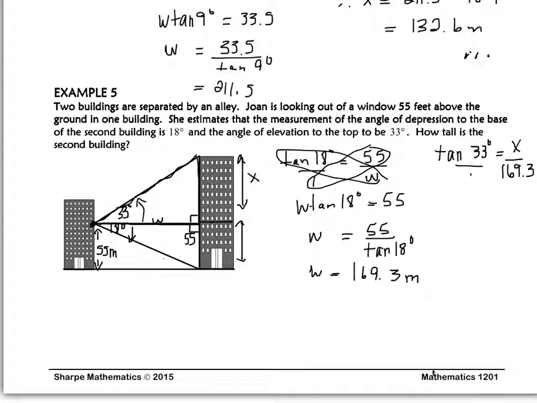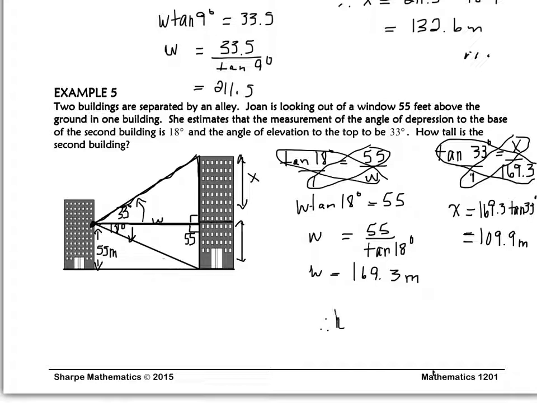So then I cross multiply. And I get x equals 169.3 times the tan of 33. I'm going to put that in the calculator. That gives me 109.9447. So if I round it off to 1 decimal place, that would be 109.9 meters.